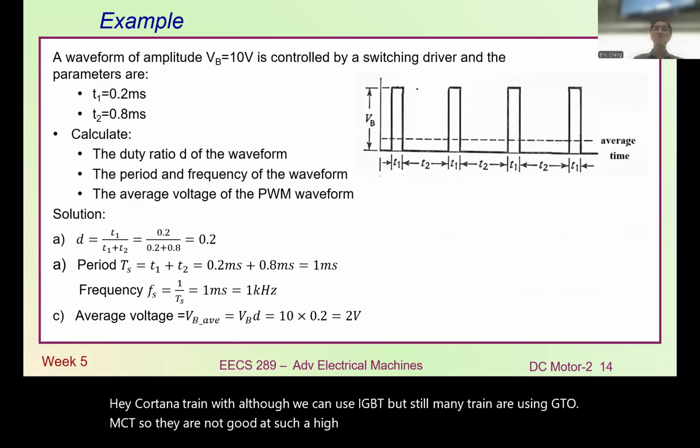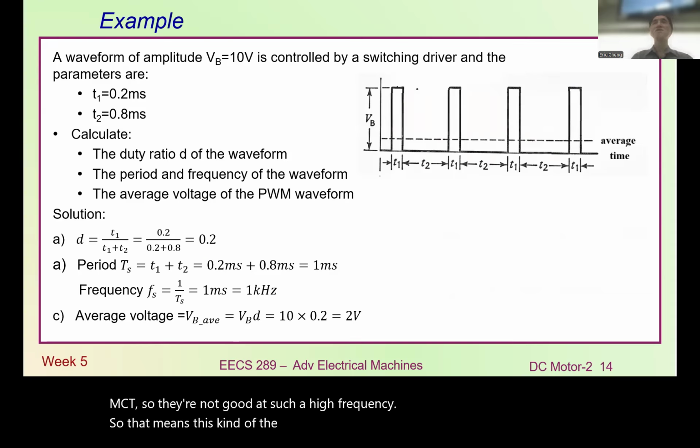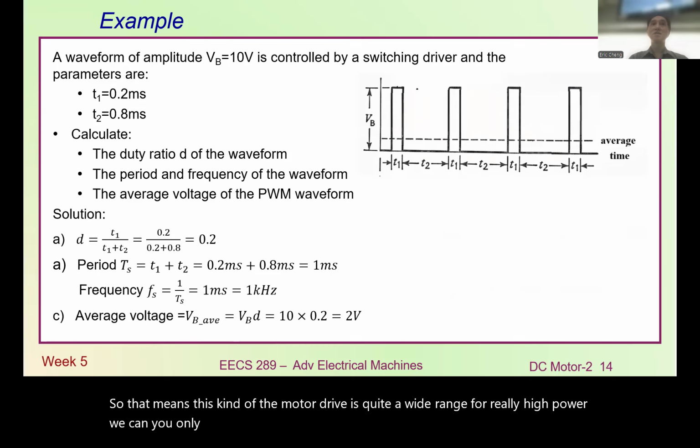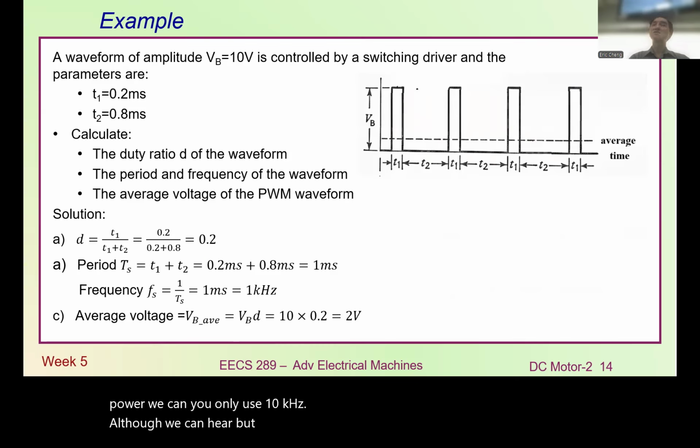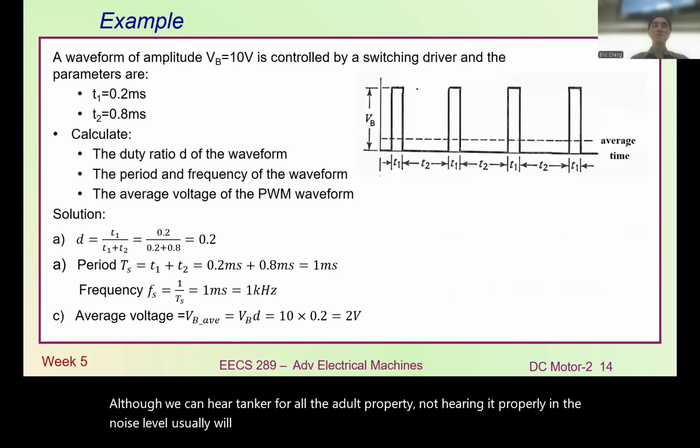So this kind of motor drive covers quite a wide range. For really high power, we can only use 10 kilohertz. Although we can hear it, it's not that serious. For adults probably will not hear it properly, and the noise level usually will be quite small anyway.